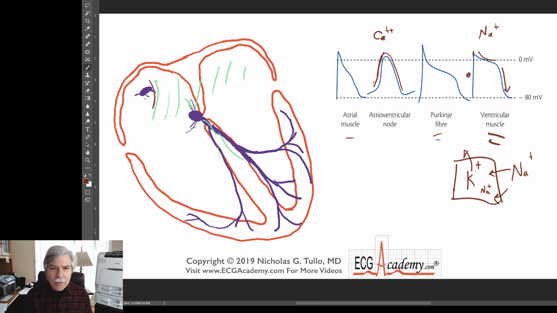Now, if your AV node doesn't work well at all and you're unable to conduct one-to-one at a particular atrial rate, AV nodal conduction will occur so that you'll get progressive delay of the signals until one is finally blocked.